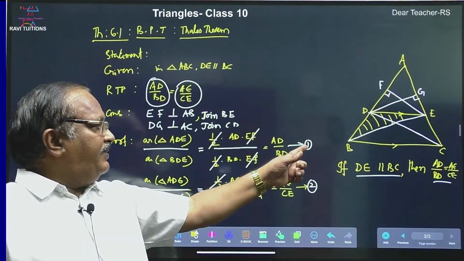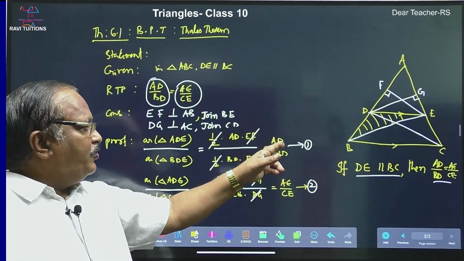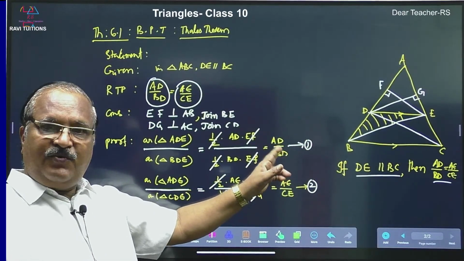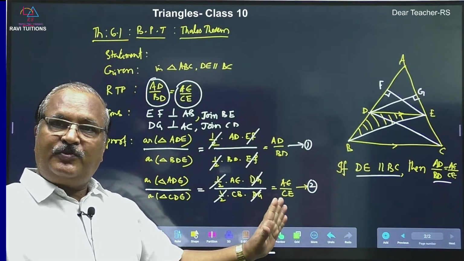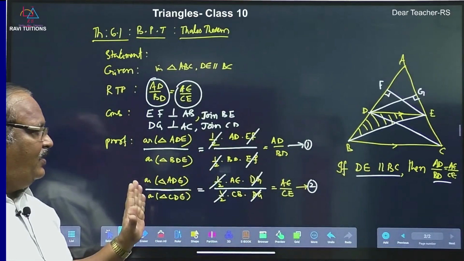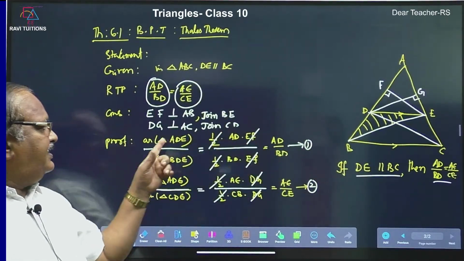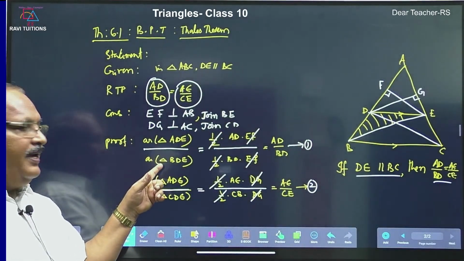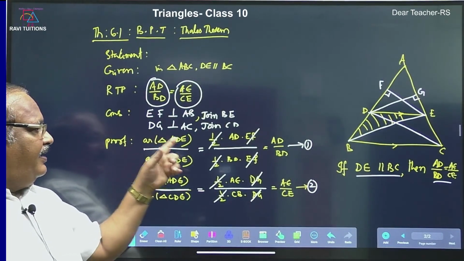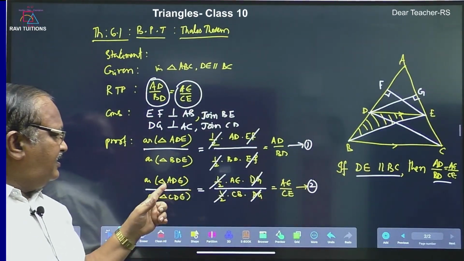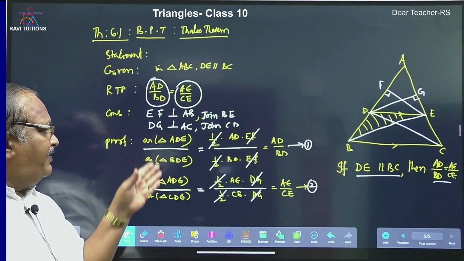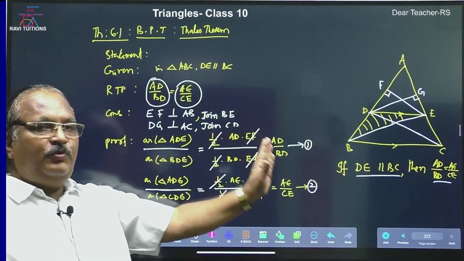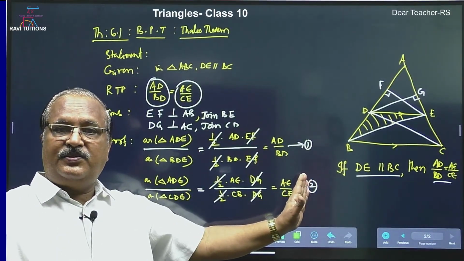Now we have to prove RHS of 1 is equal to RHS of 2. It is possible only when the LHS are equal. LHS of 1 is triangle ADE by triangle BDE, and LHS of 2 is area of triangle ADE by area of triangle CDE. If left hand sides are equal, automatically right hand sides are also equal.